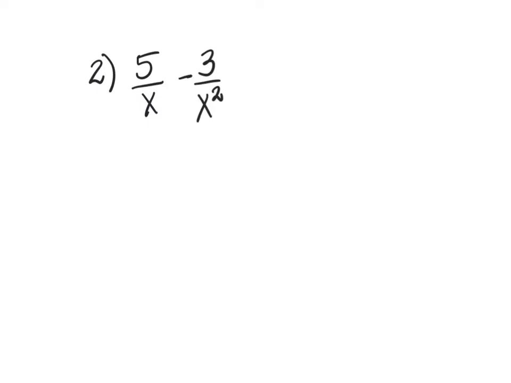Just like before, when you had a monomial and you had different exponents, always go with the highest power. So here I have an x and an x squared, so the highest power is x squared. So my LCD is going to be x squared, and I'm going to build fractions that have denominators of x squared.